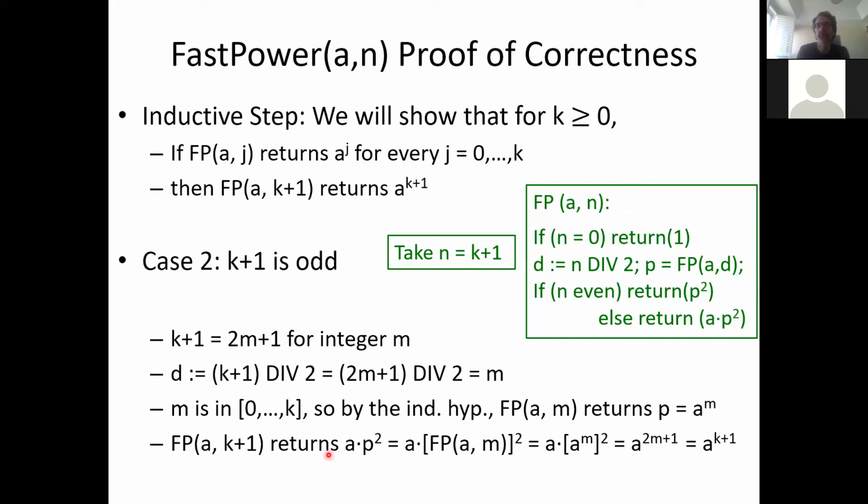Because this code, a times p squared, is a times, by inductive assumption, a to the m squared. So this is a to the 2m plus 1 more. And this was your n, right? Because it was your k plus 1. Okay, so it is correct again.